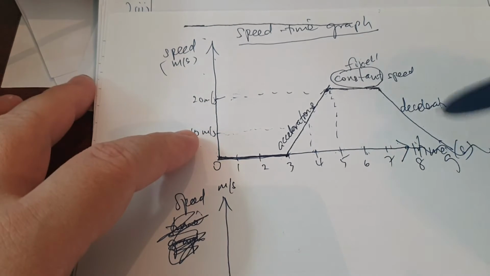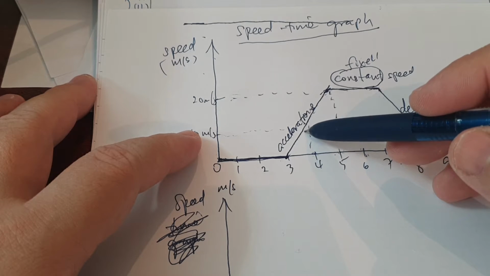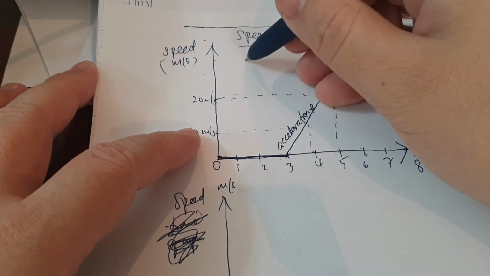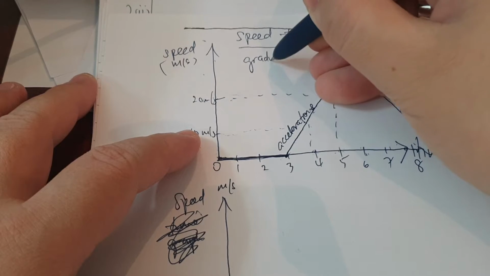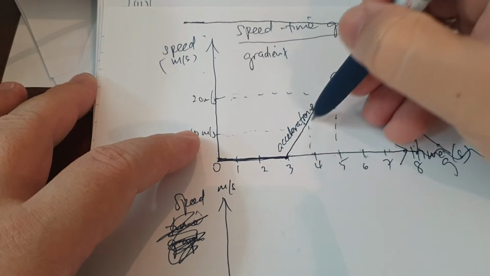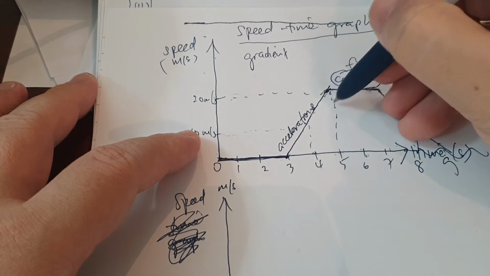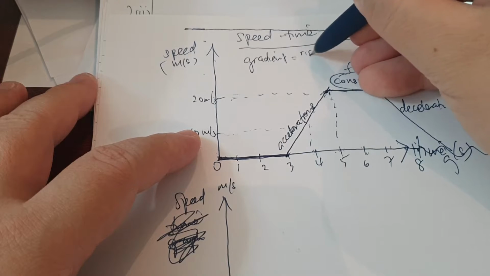Okay? Now, once you understand this, we can use what we have learned in lower sec, the gradient of lines, to help us find the acceleration. How come can do that? Because gradient is rise over run.